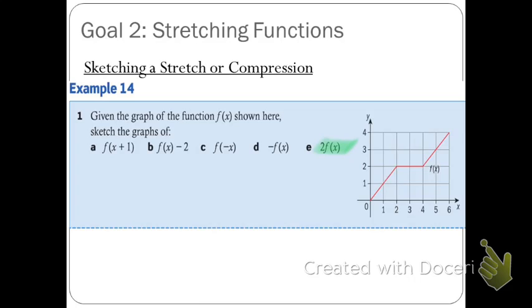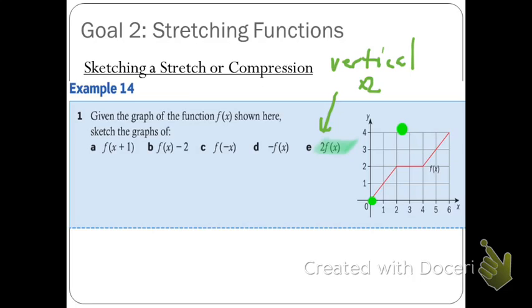Now, what you ought to realize here is that since you're multiplying the output of the function by 2, that's going to be a vertical stretch by a factor of 2. Okay? And so the result of that is it's going to take every y coordinate essentially and double it. 0, 0 is still going to stay in the same place, but the point 2, 2 would stretch to 2, 4.